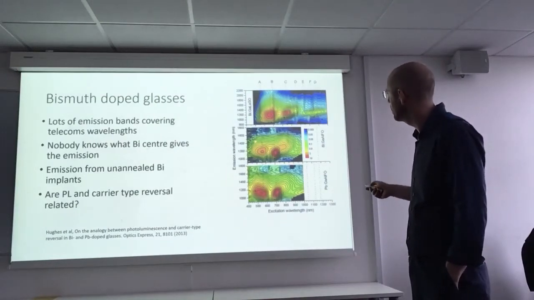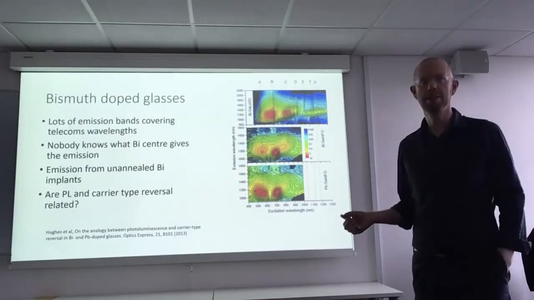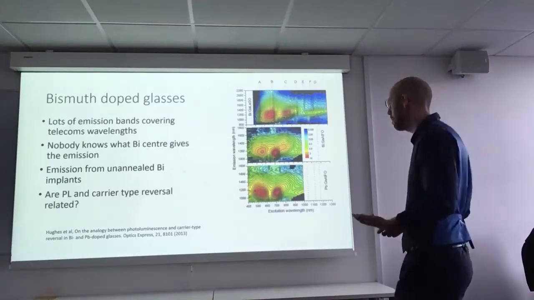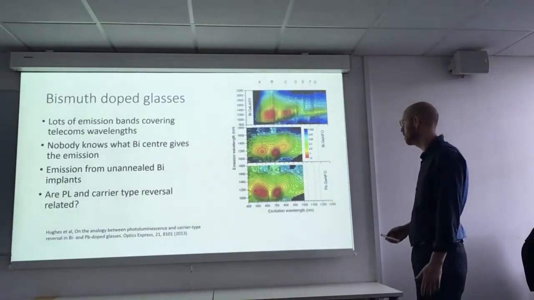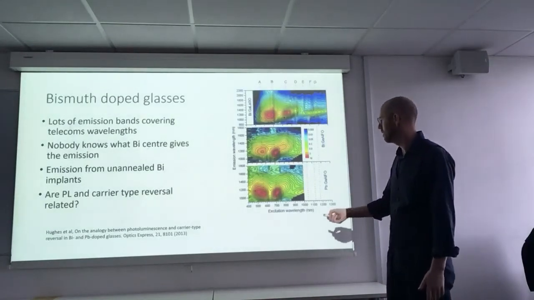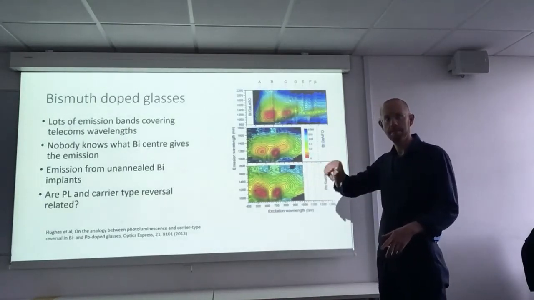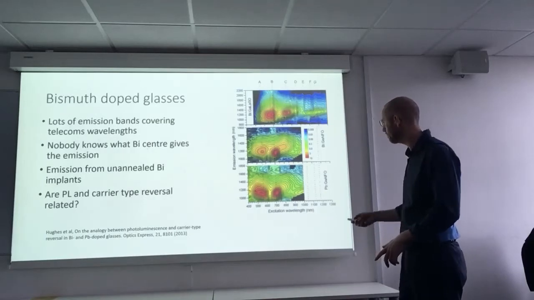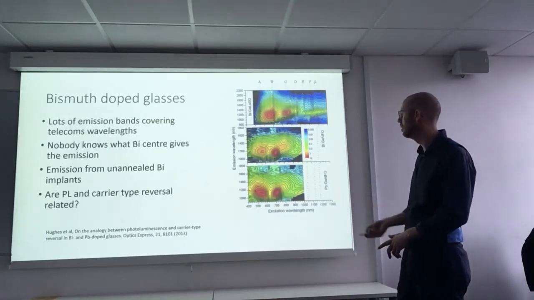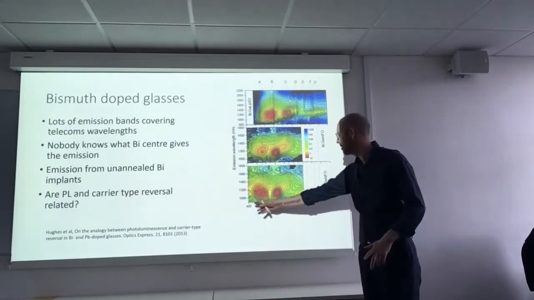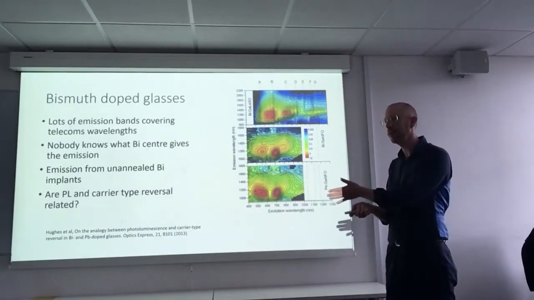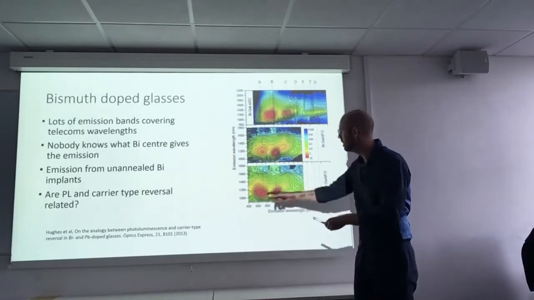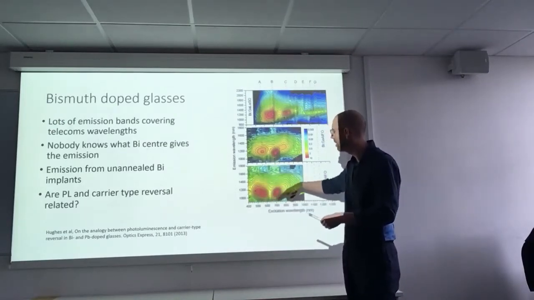So this graph here looks a bit complicated, and that's because the emission from bismuth doped glasses is pretty complicated. Instead of showing an emission spectrum, this is a contour plot showing the different excitation wavelengths, so if we change the colour of the light that we shine on it, and then the spectrum along here.